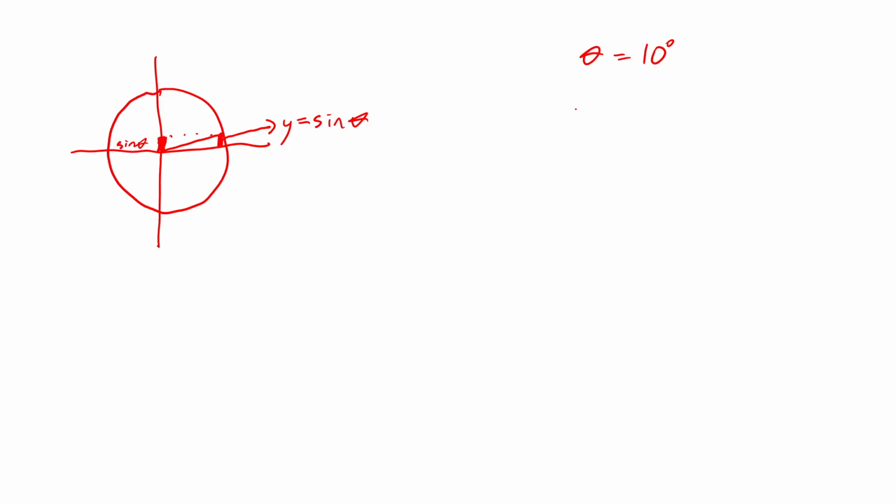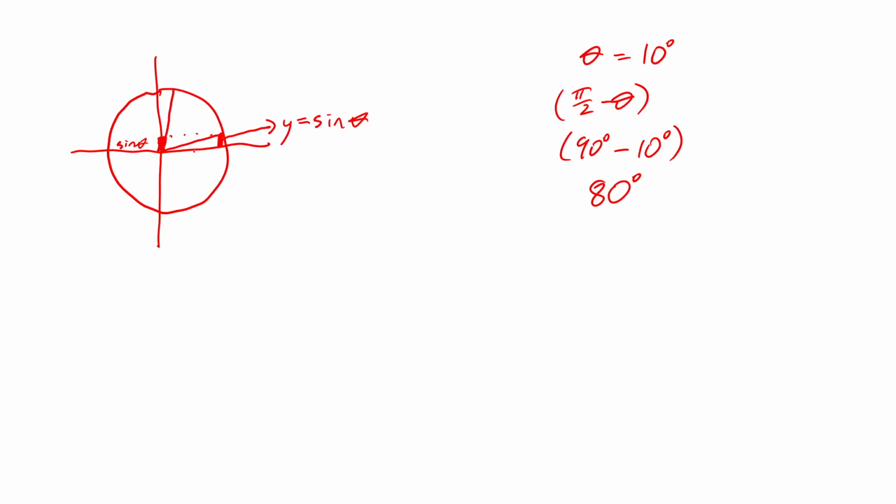Now, let's think of pi over 2 minus theta. Well, pi over 2 is the same as 90 degrees. And we've said theta for this example is 10 degrees. So if we imagine pi over 2 minus theta, we'd be imagining the angle of 80 degrees. Well, an angle of 80 degrees is going to have a terminal arm right about here.